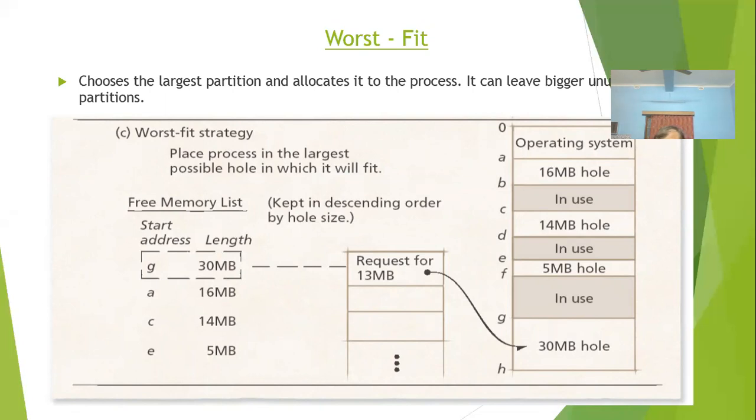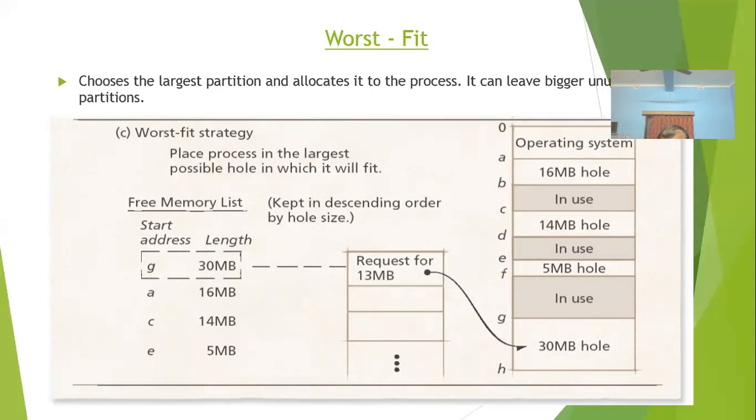So again, we have the free memory list here. The starting address and the lengths are given, and in the worst fit strategy, it works like this: place the process in the largest possible hole in which it will fit. Now, the free memory list is kept here in descending order by the hole sizes.